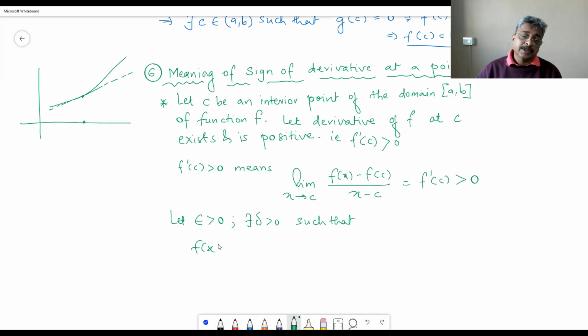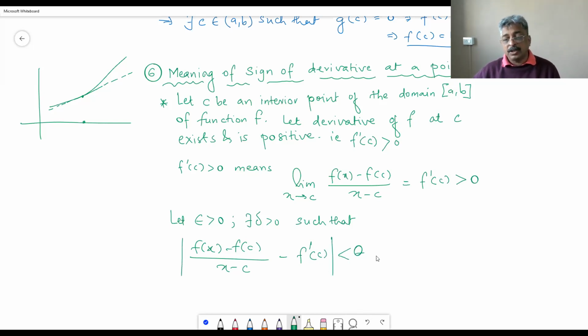Absolute value of f of x minus f of c upon x minus c minus f dash of c should be less than epsilon, for x such that 0 is less than absolute value of x minus c is less than delta. This is our definition of limit.